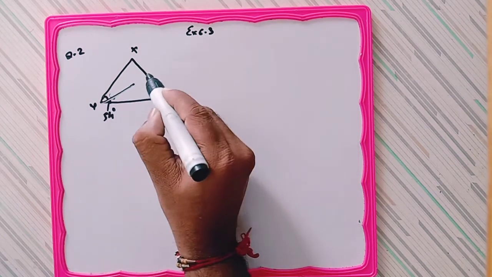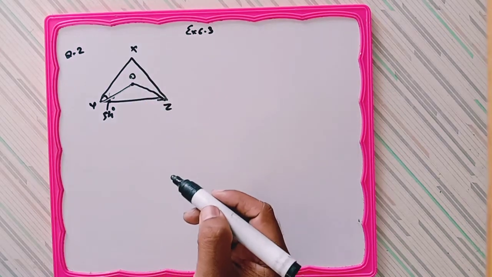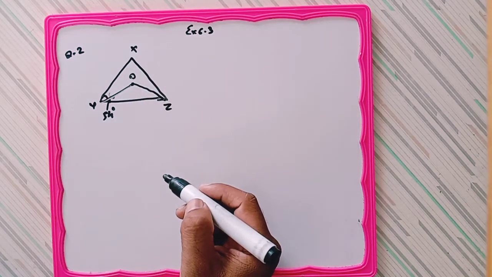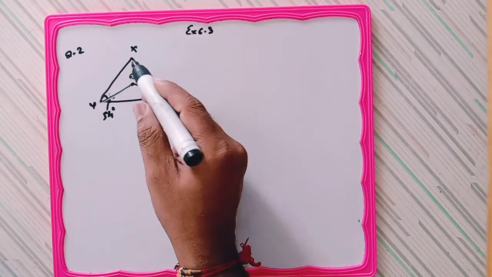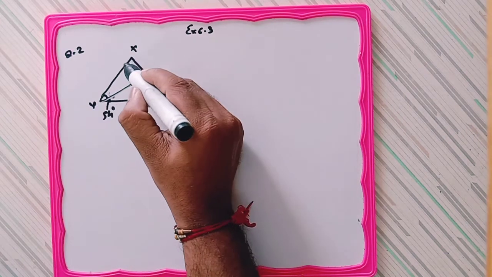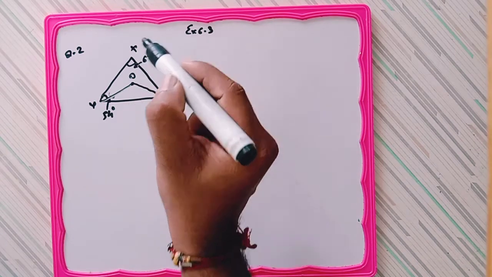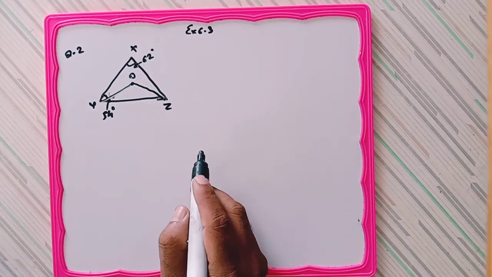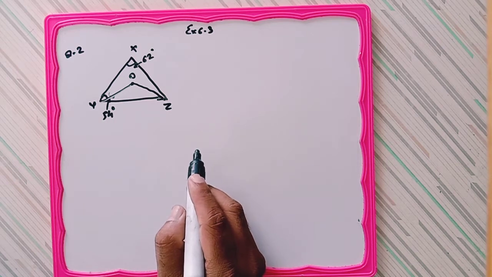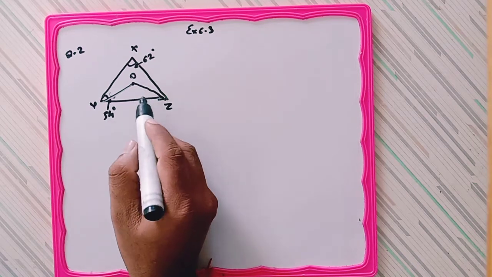YO and ZO bisect the angles XYZ and XZY. Angle X is given 62 degrees. Then find OZY and YOZ.